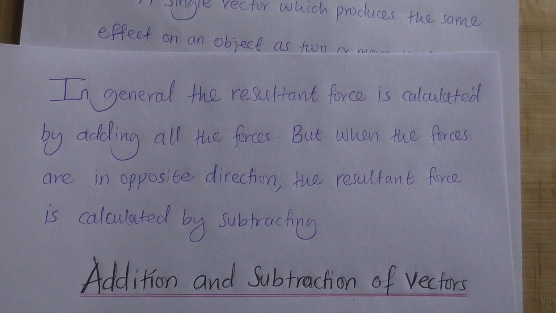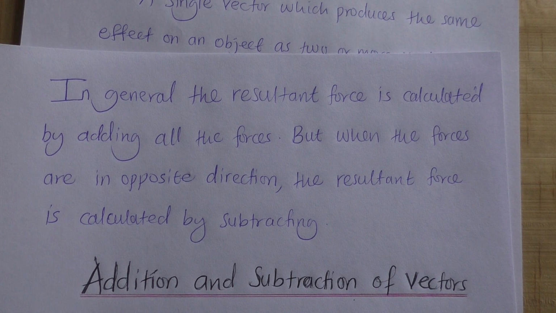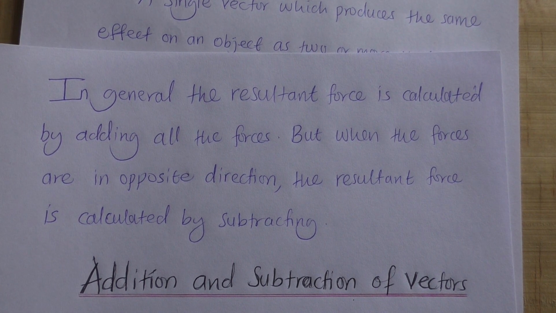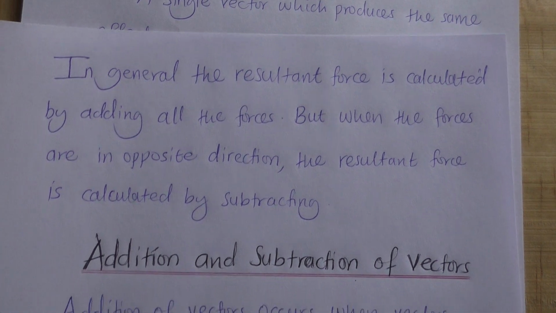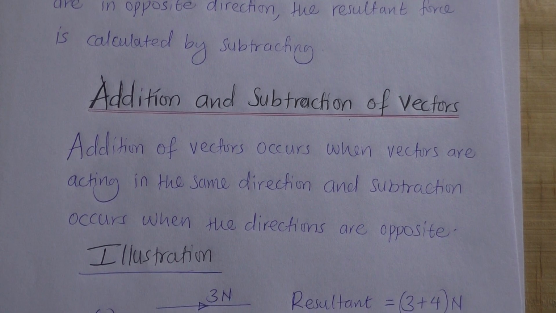But when the forces or the vectors are in opposite directions, then the resultant force is calculated by subtracting. And therefore, we shall look at addition and subtraction of vectors.